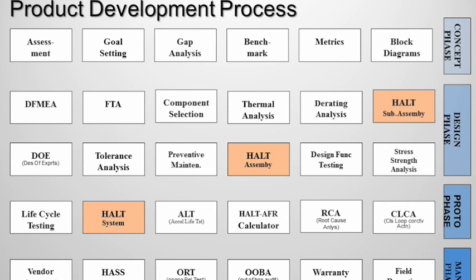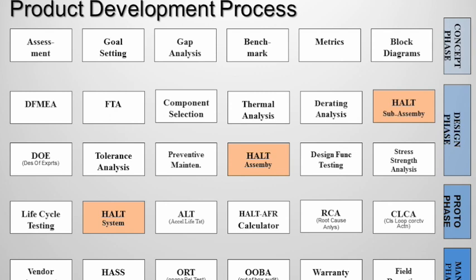But there might be areas of the design, especially critical technology changes that are done in subassemblies where you really want to understand it. You want to understand these failure modes because you don't have legacy information on it. Next, there might be another opportunity at the next level up to do it at a higher level assembly. And then, of course, once you have the full system, you want to do HALT testing there as well.